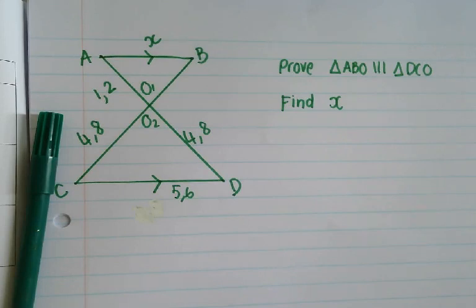Angle, angle, angle, or? Side, side. No, that's congruency. Oh, side, side, side. No, that's congruency. Side in proportion. Which one am I going to use here? Angle, angle, angle. So the first thing I can say for sure is that O1 equals O2. There's no confusion. What did I do to say that?